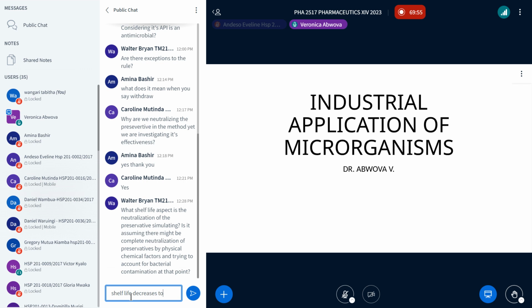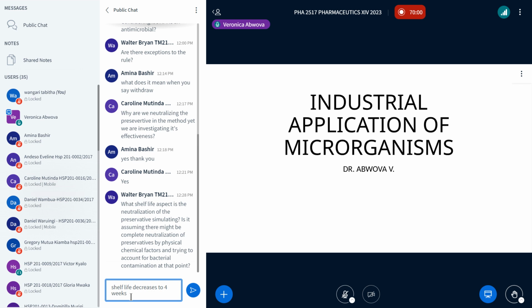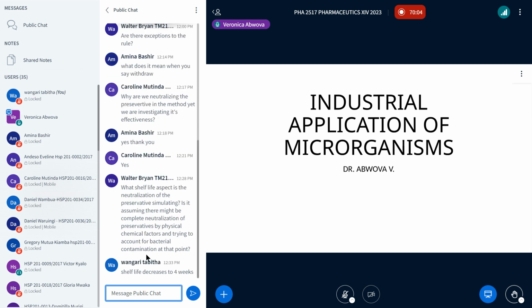At the point when you're being told use your eye drops for 1 month post opening and not beyond, what is your manufacturer telling you? Yes, the shelf life decreases to 4 weeks. When you open an eye drop, shelf life reduces to 4 weeks.